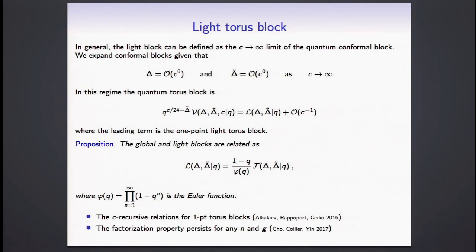So in the sphere case, the global block and the light block are equivalent, they are equal to each other, and following results of these authors, we now know that the sphere case is an exception, but in general, a light block and a global block are related by this relation.